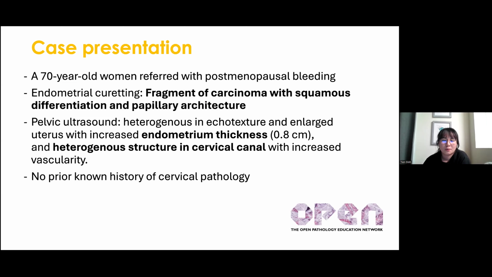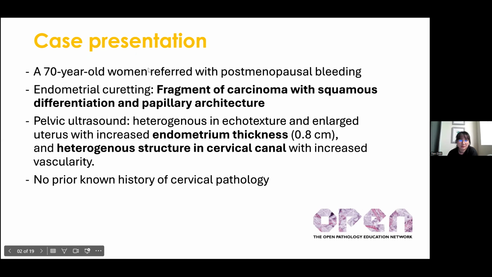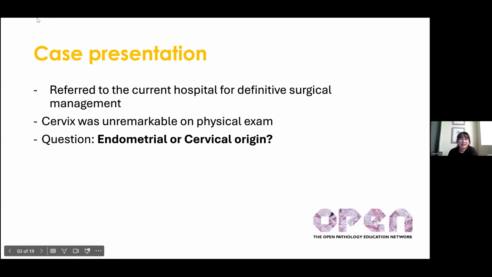She is not known to have any history of cervical pathology, but we don't know if she didn't do the cervical screening or she did it outside of our system. She was then referred to our hospital for hysterectomy. On evaluation, her cervix was normal.